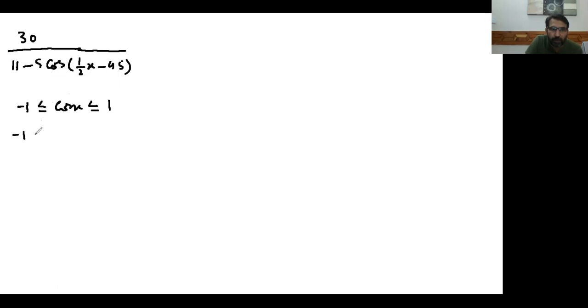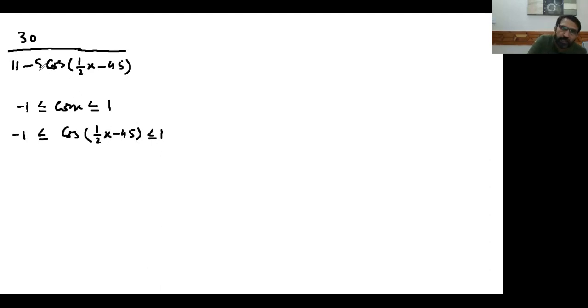So -1 is less than or equal to cos half x minus 45, which is less than or equal to +1. Only the domain is being changed, but there is no change in the answers, which lie between -1 and +1.